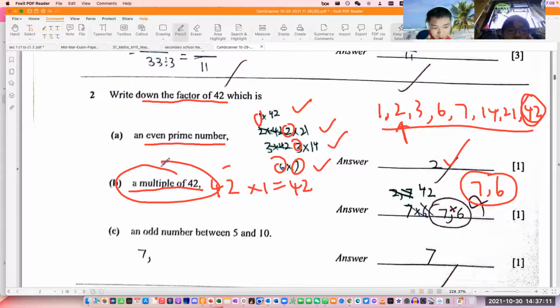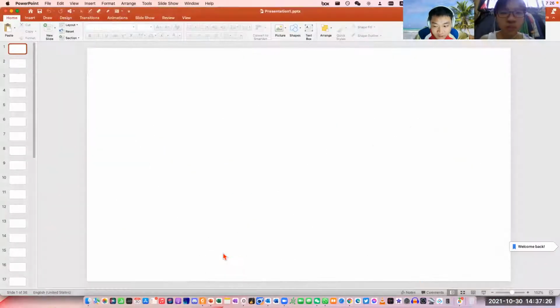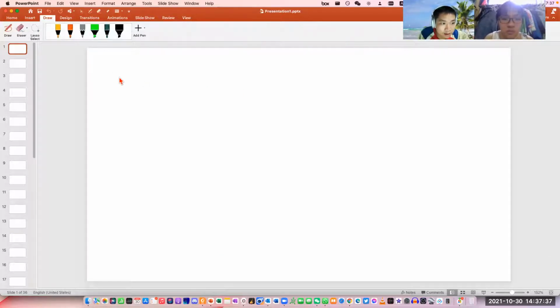So clearly from this, I read from your wrong answers that you don't understand the meaning of multiple of 42. Now I'm going to explain to you what is multiple. In fact, if you make a mistake like this, I think it's still reasonable. If you make the mistakes that we have been talking about, I can't accept it. So number 1, there are 2 terms you need to understand.